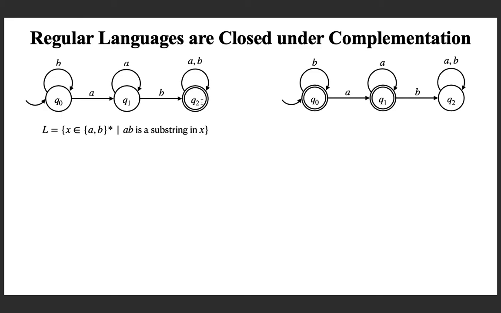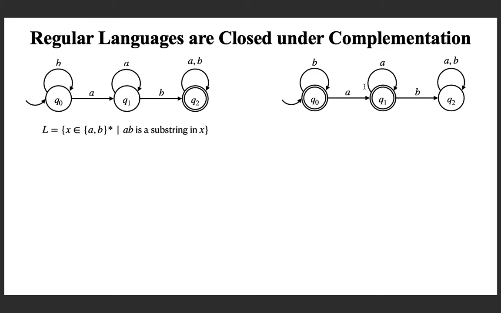Q2 is a final state in the given machine, so in this I made Q2 a non-final state. Q0 and Q1 are non-final states in the given machine, so in the new machine I made both of them final states. So I changed all the final states to non-final states and all the non-final states to final states. That is what I did.